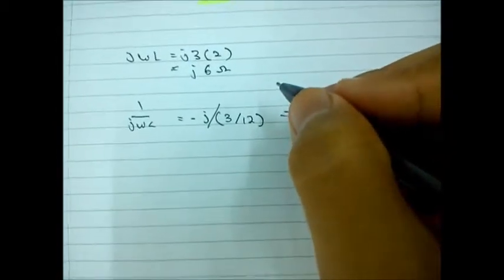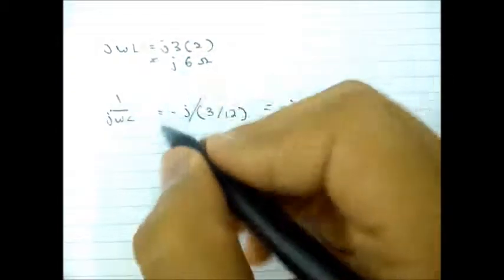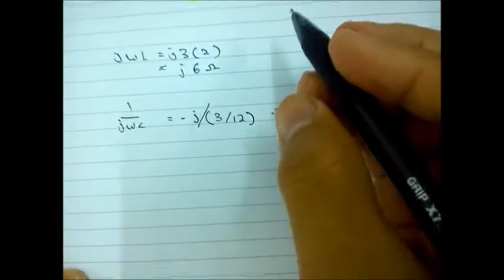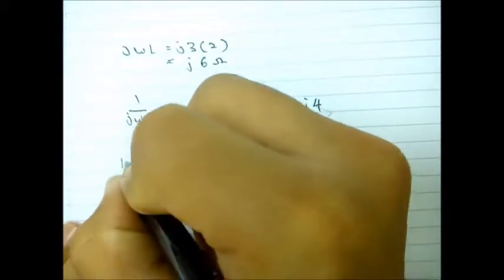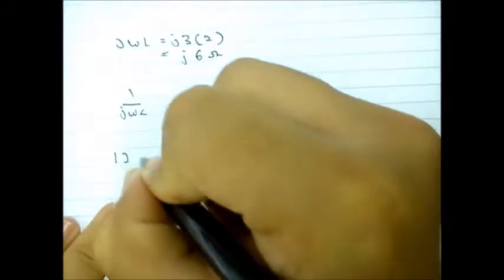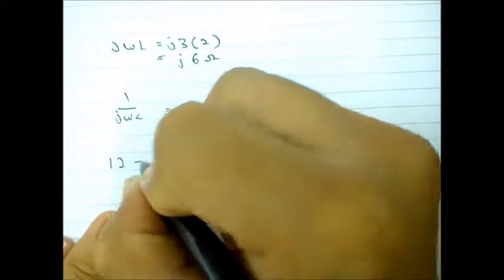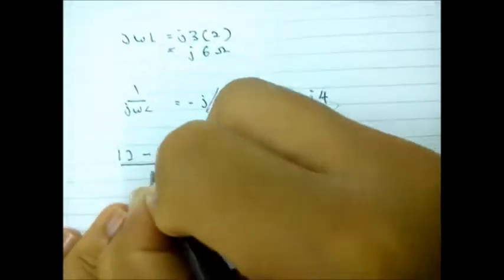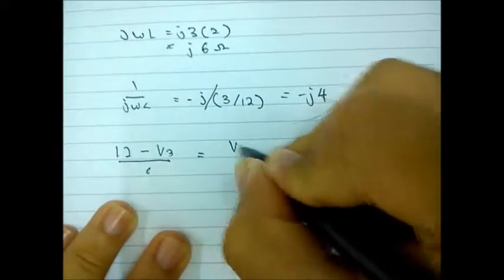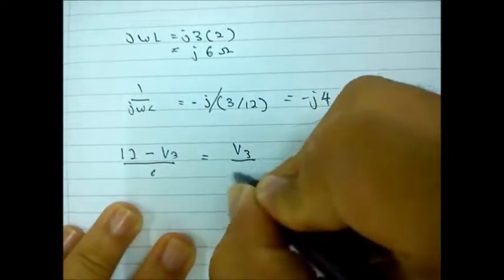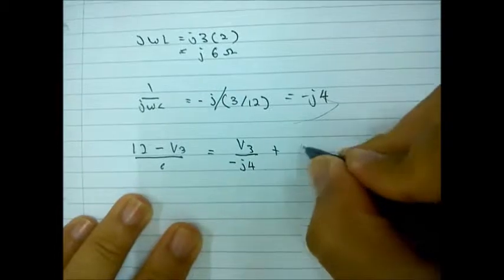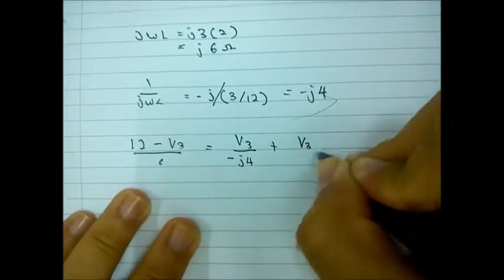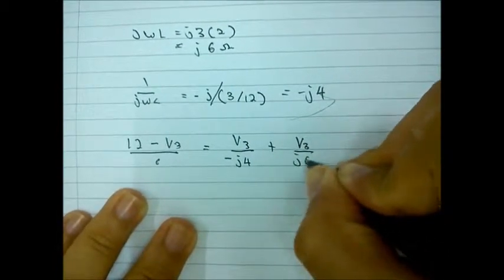Now at the non-reference node, you will get this equation: 12 minus V3 over 6 equals V3 over negative j4 plus V3 over j6.